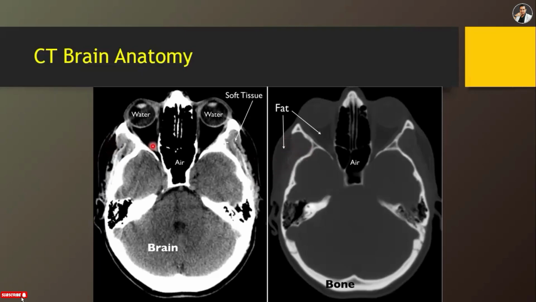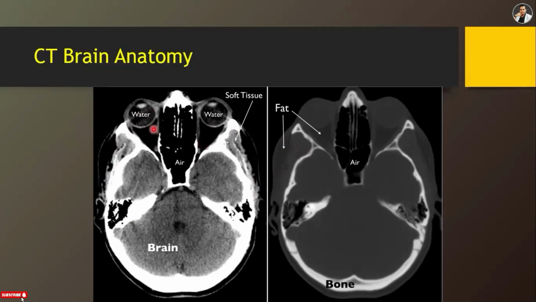The fat is very dark. So, the fat is behind the eyes. Posterior to the orbit, there is fat. But the fat is dark. So, the fat in CT scan is dark.